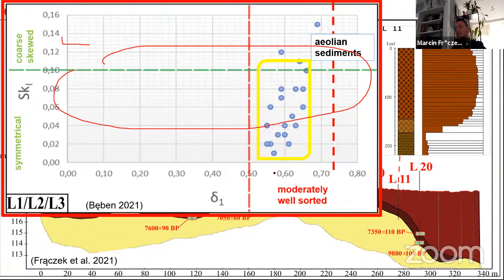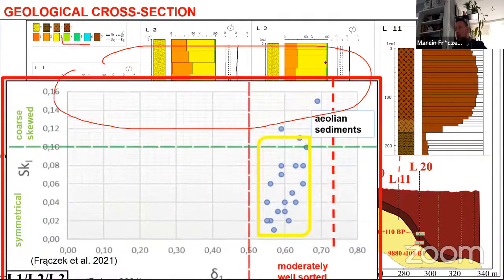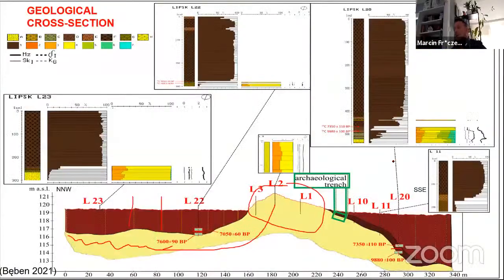That's why we thought that here we are dealing with Aeolian activity, and this Aeolian activity was, from that part of the archaeological site, after 10,000, which is normal because here is the date 7.6.